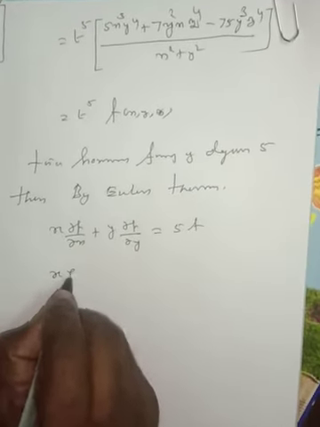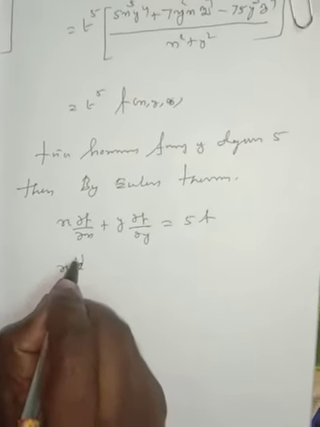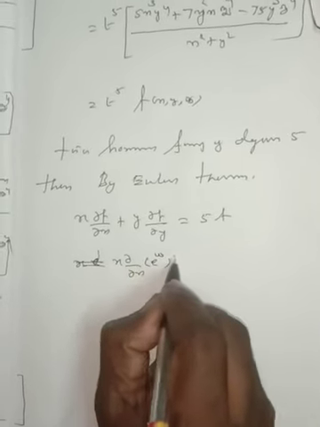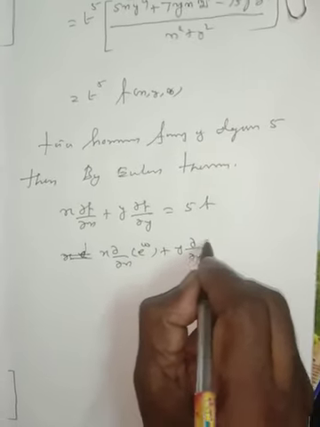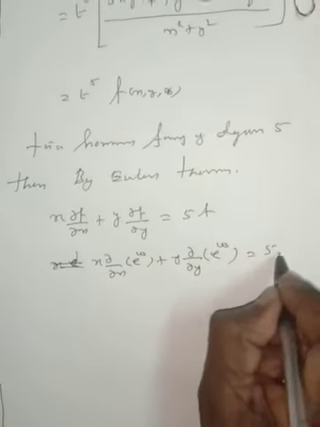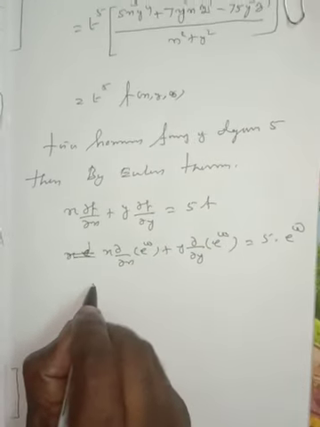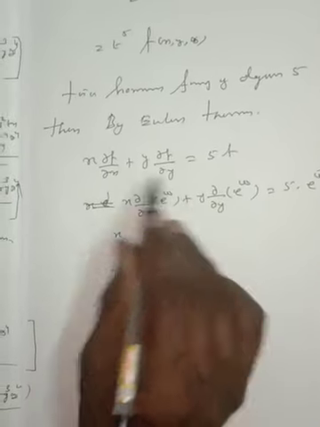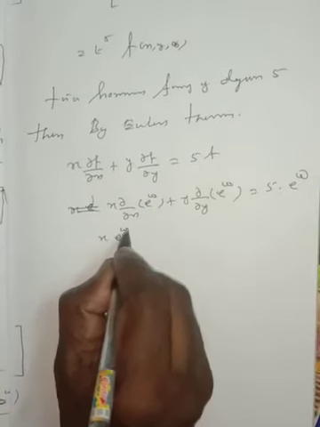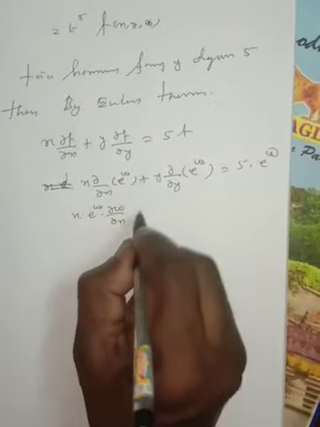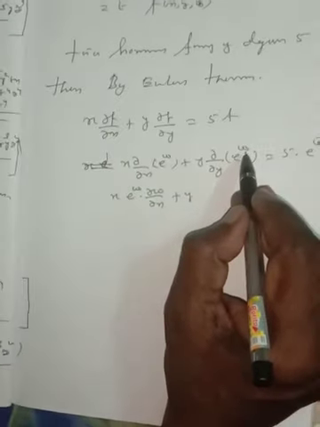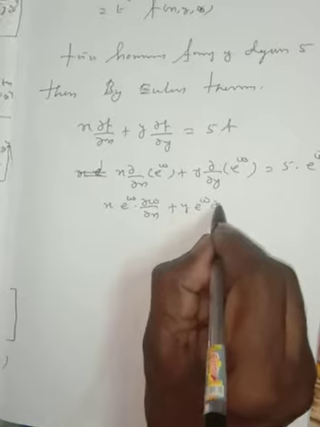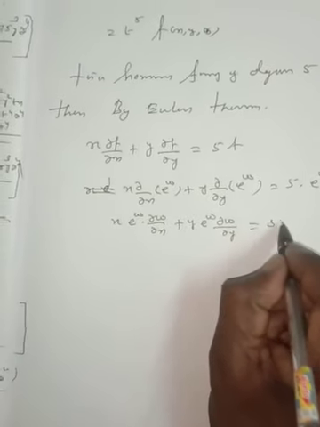So x ∂/∂x of e^w plus y ∂/∂y of e^w is equal to 5 into e^w. Differentiating with respect to x, we have e^w into ∂w/∂x, plus y into e^w ∂w/∂y, equal to 5 e^w.